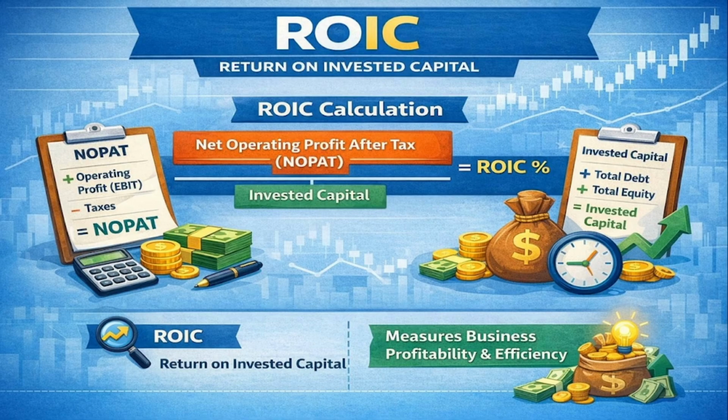So what's the formula to calculate it? Net operating profit after tax divided by invested capital. We already know operating profit minus taxes is NOPAT, net operating profit after taxes, and invested capital is total debt plus equity.